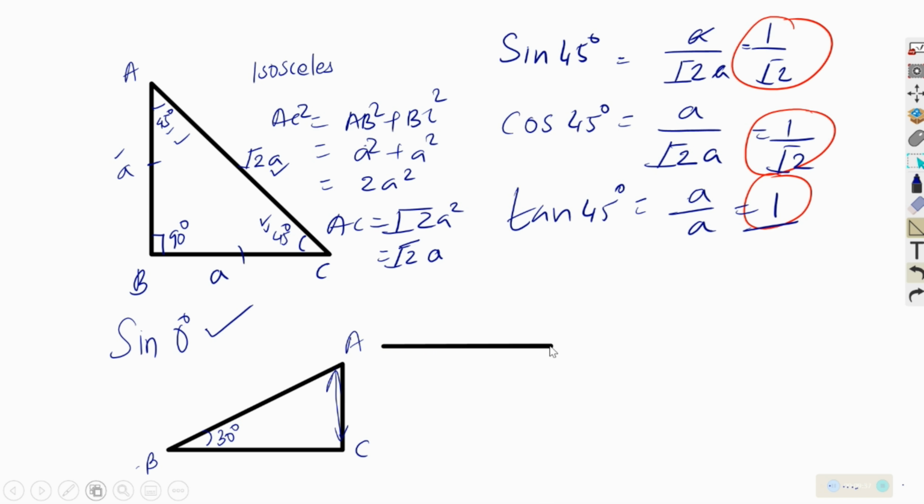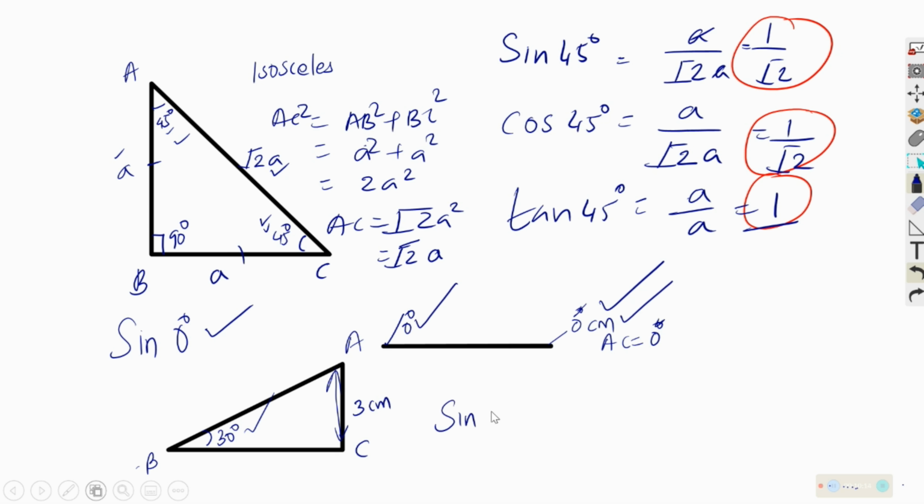That means here it became 0 degree. That is AC is equal to 0, 0 centimeter, not degree. Here AC was having 3 centimeter or something, here it is 0 centimeter. And here angle B became 0 degree. So we got 0 degree here, 0 centimeter here.